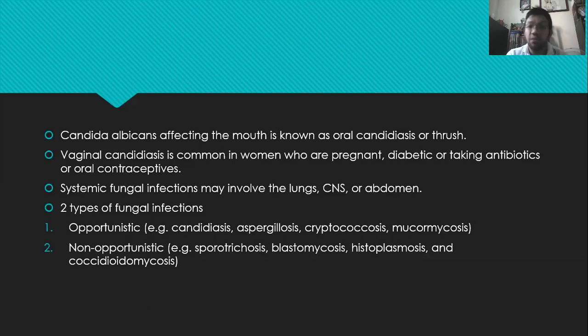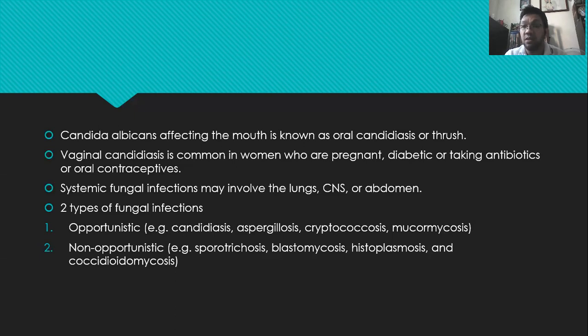There are two types of fungal infection: the opportunistic ones, candidiasis, aspergillosis, cryptococcosis, mucormycosis, and the non-opportunistic ones, sporotrichosis, blastomycosis, histoplasmosis, and coccidioidomycosis. Opportunistic infections can only appear if your immune system is suppressed. But non-opportunistic ones can occur even though your immune system is all right.